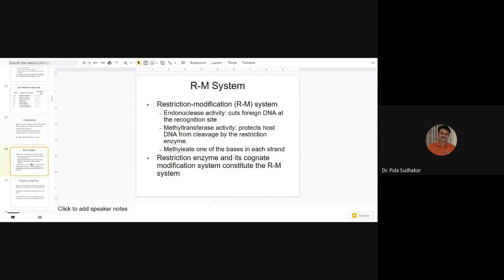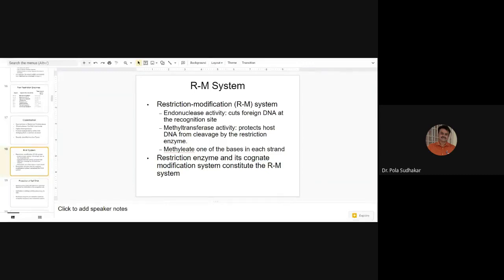The RM system, restriction modification system. Endonuclease activity cuts foreign DNA at the recognition site. Methyltransferase activity protects host DNA from cleavage by the restriction enzyme. It methylates one of the bases in each strand.